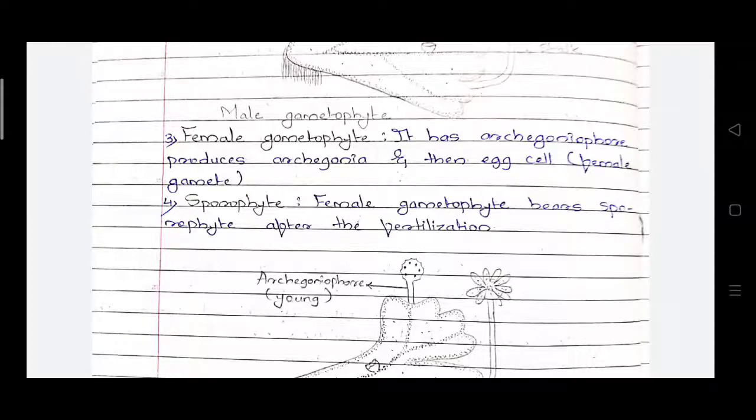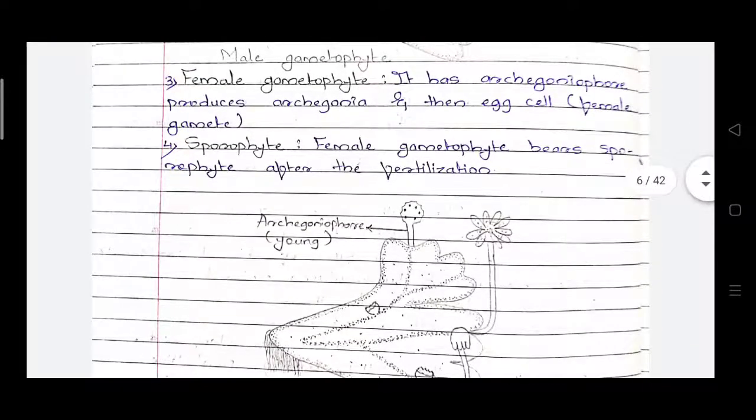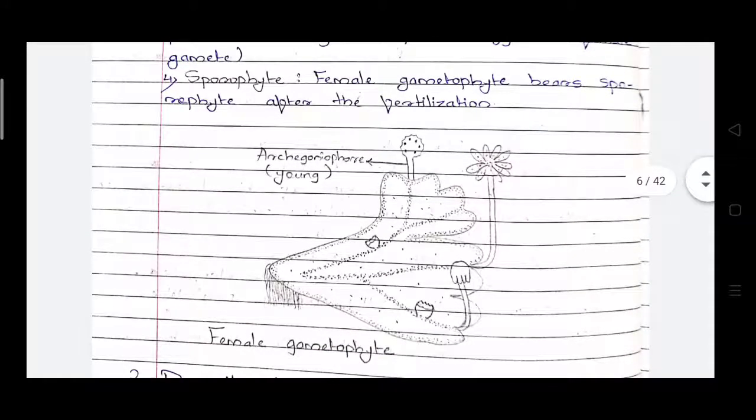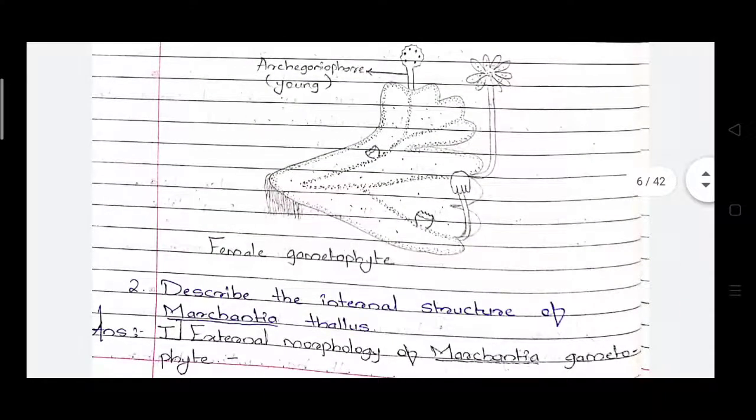So this is the female gametophytic structure. On that you have to see the young archegoniophore. So this is the external structure of the Marchantia thallus.